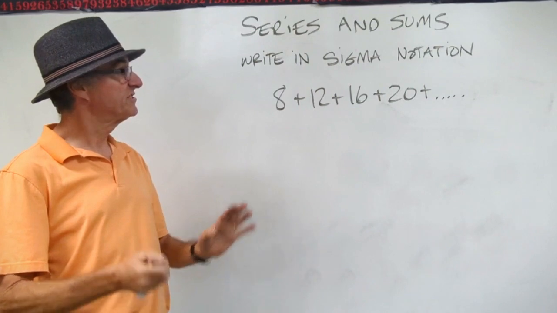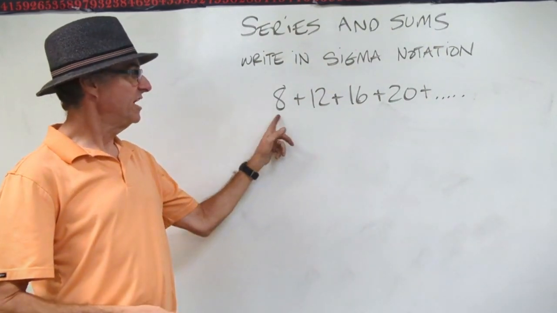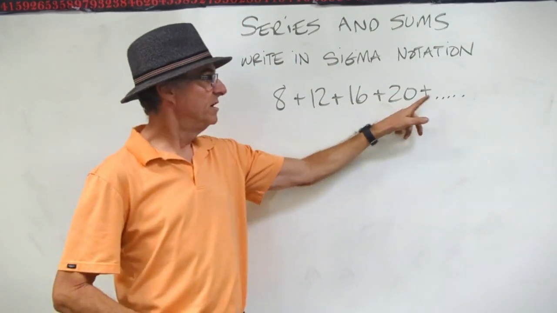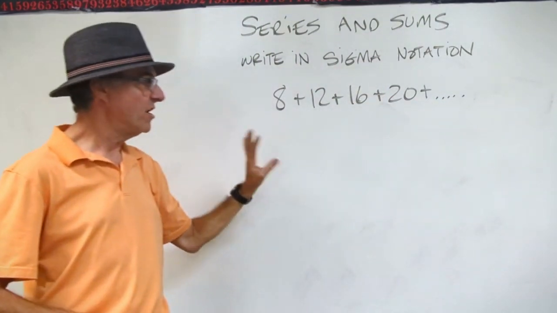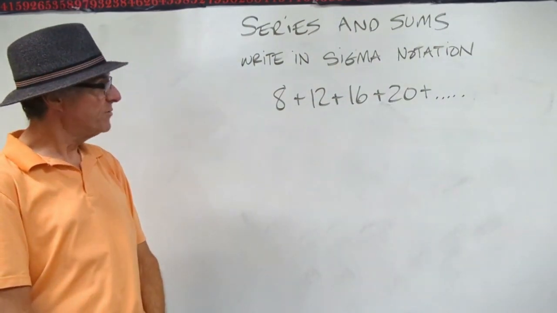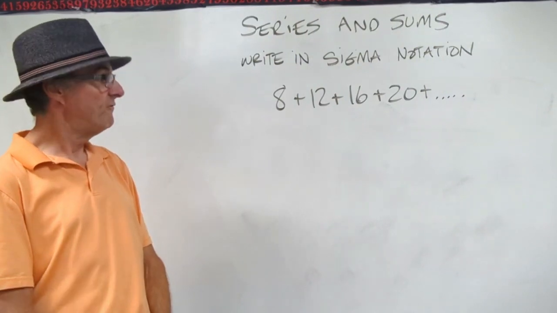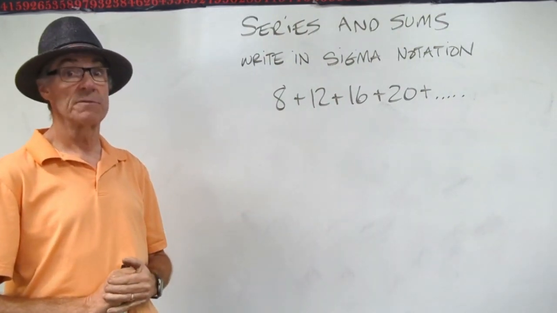One last problem, okay? So here it is, 8, 12, 16, 20, and so on. So that's going to have an effect on our sigma notation. So first off, come up with the general term formula for this. And let's use that trick we used in the last one where we start with term 0.